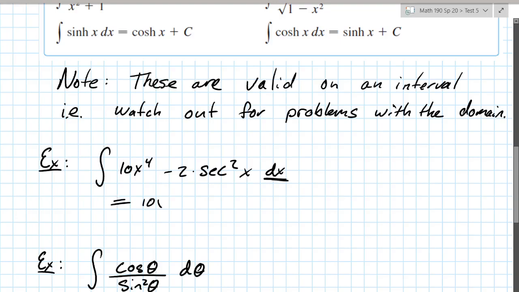So we have 10x to the plus 1 power divided by the new power, minus 2 times the antiderivative of the secant squared, which we know is the tangent of x, and then we have our arbitrary constant.